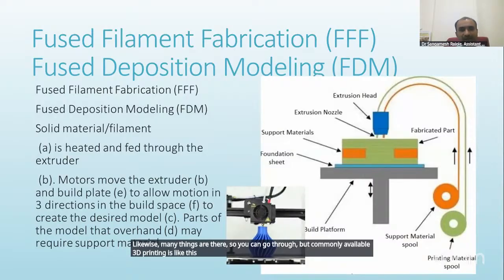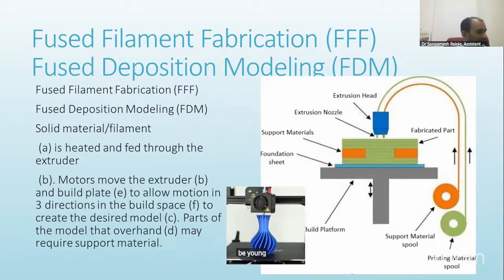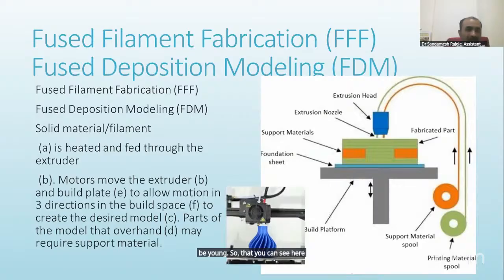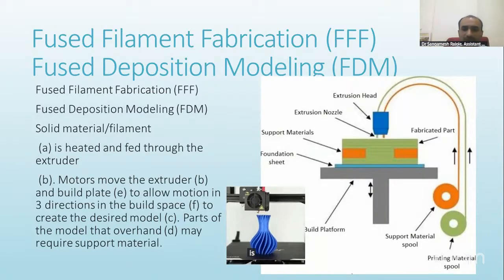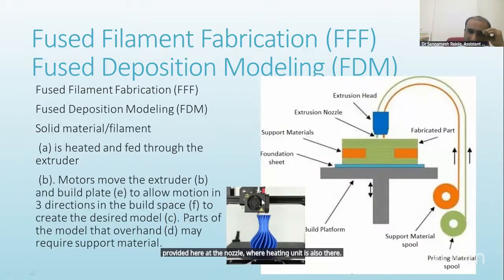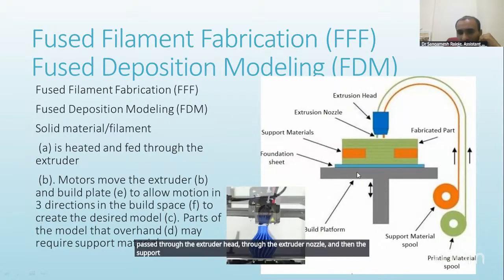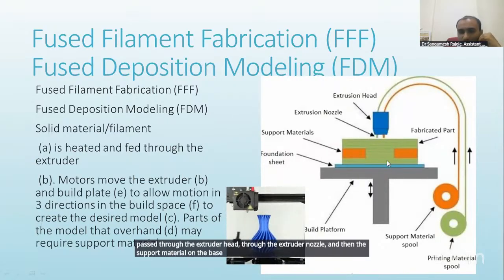In fused deposition modeling, FDM, a spool is provided, and at the nozzle there is a heating unit. The material is passed through the extruder head, through the extruder nozzle, and then the support material. On the base material, it prints layer by layer.